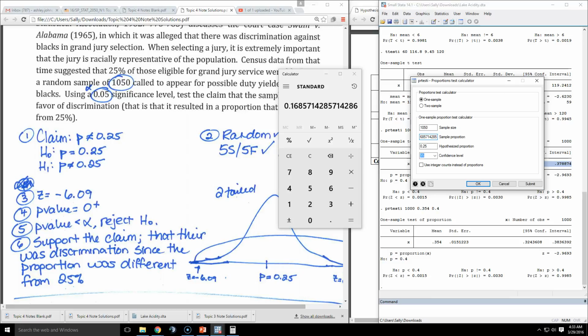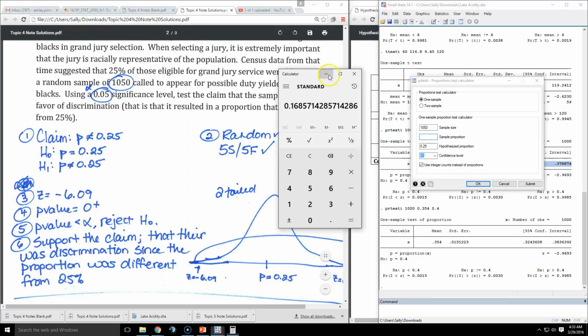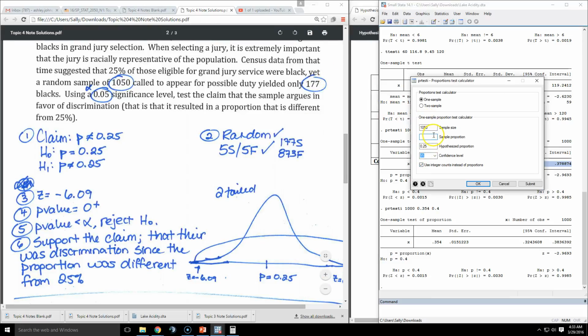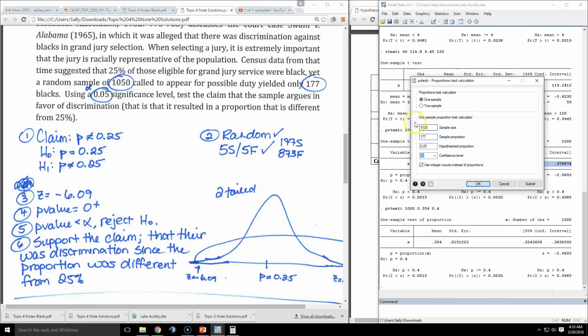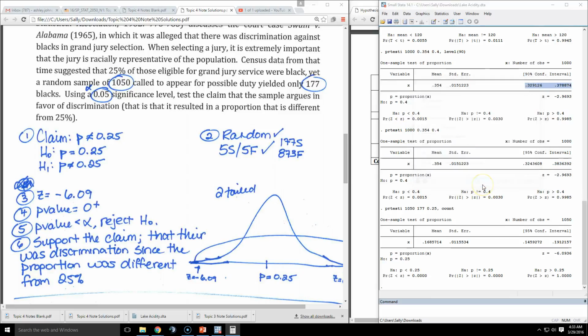And it does let you keep on going, but I wouldn't do that. Realistically, you'd want to say, okay, I want to leave it up to technology to do the rounding. So when you check this box, it enables you to type in a count instead of a proportion here. So this isn't p hat, this is just the numerator of that calculation.